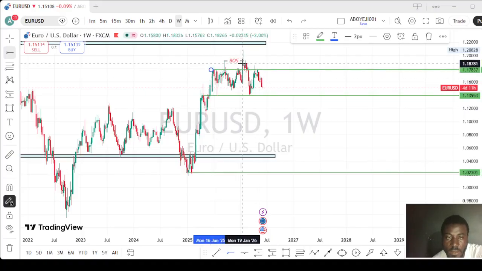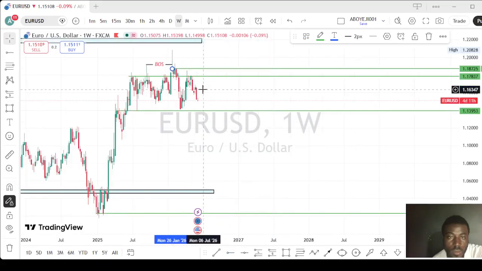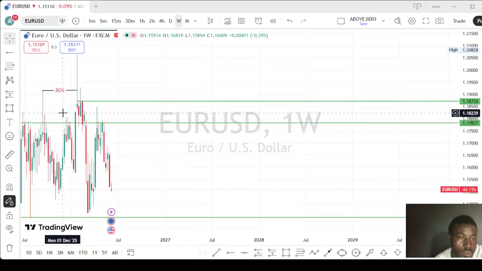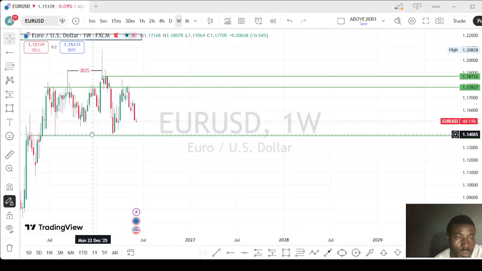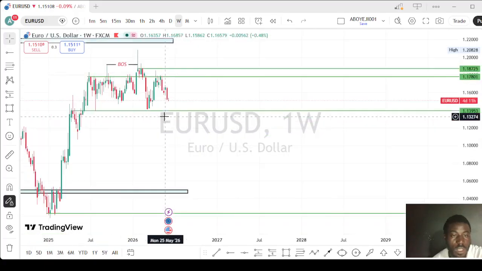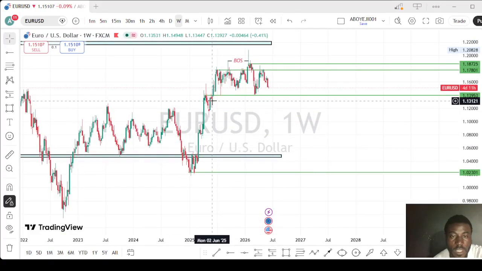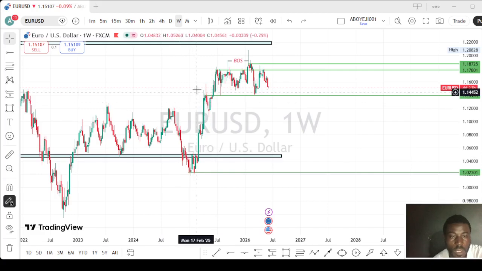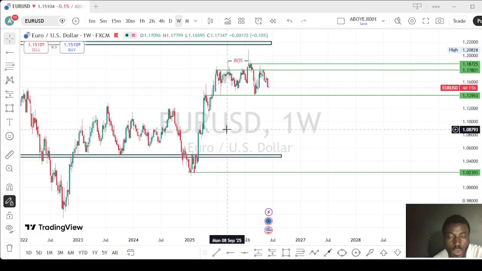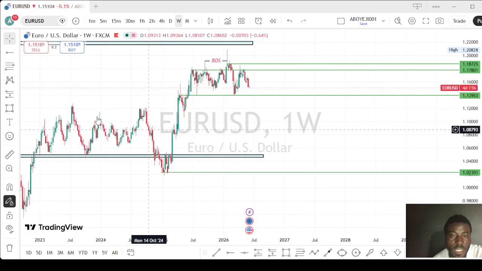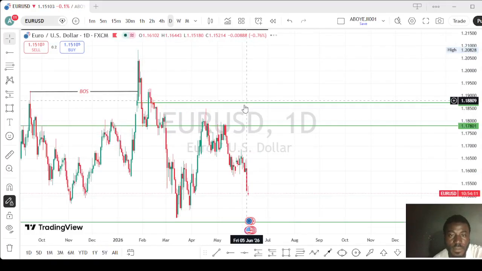These are another key level here also. Those are the key levels over there. And this is the last break the market gave us on the 4 hour time frame. You can see this is another break of structure here also. So let's just be patient. So let's move to the daily time frame.